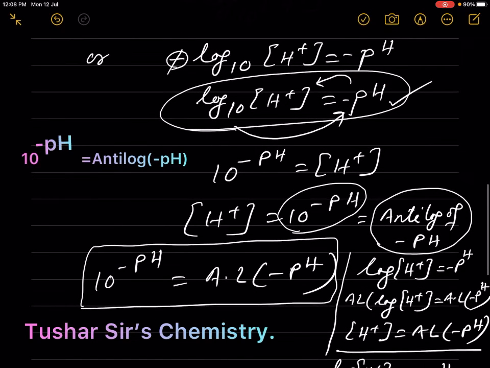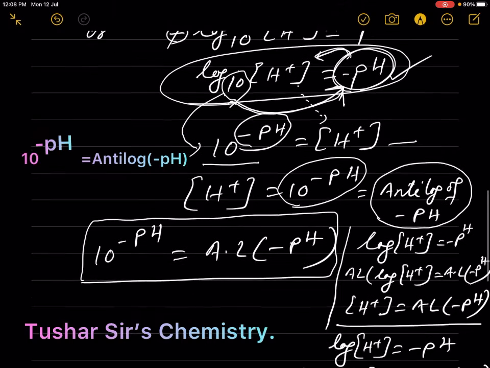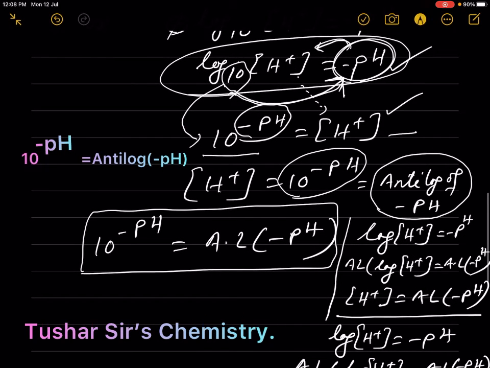Again let me repeat, log 10 H plus ion concentration is equal to minus pH. 10 to the power minus pH is equal to H plus ion concentration. This is equal to anti-log of minus pH.